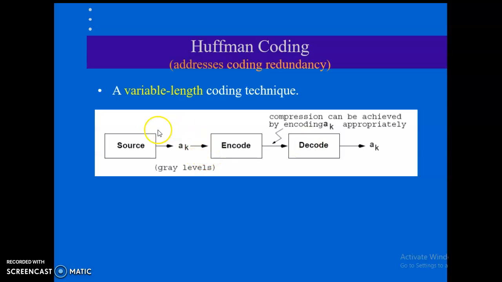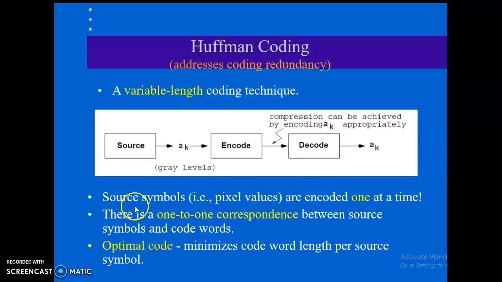Okay. So A of K is given here. Compression can be achieved by encoding AK appropriately. What are we doing at AK? Compression can be achieved due to encoding appropriately, so the gray levels, source symbols, that is pixel values, are encoded one at a time.